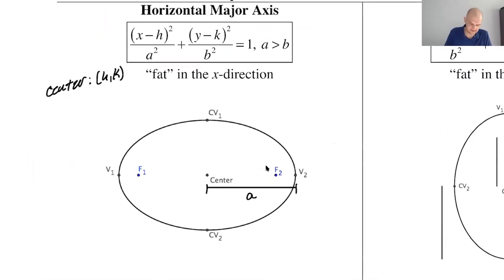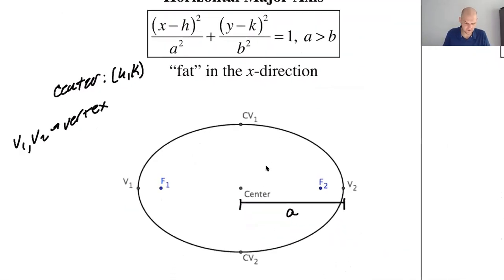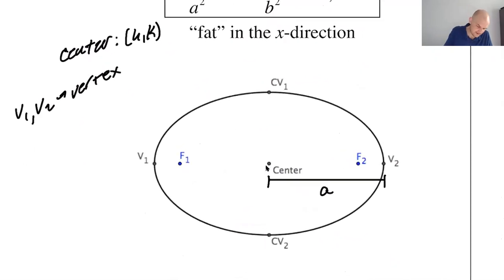So this is a vertex. V1 and V2 are called vertices, vertex being the singular. F1 and F2 are the foci, F-O-C-I. Each one is a focus.